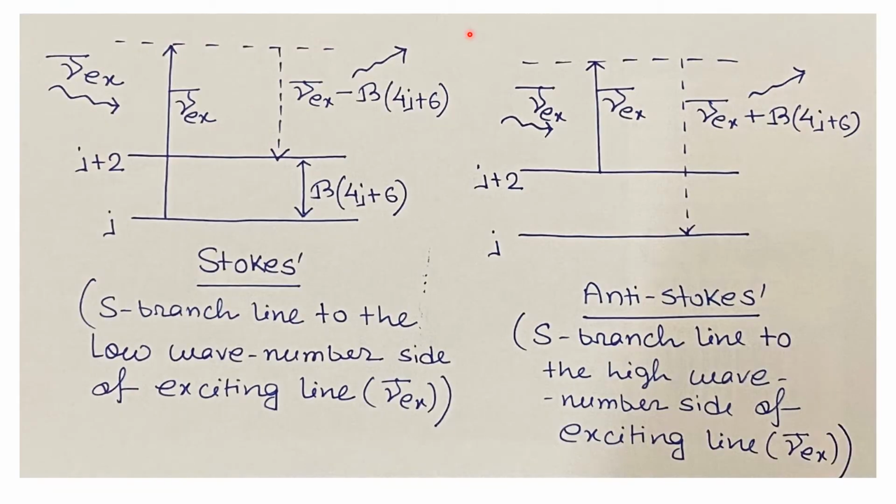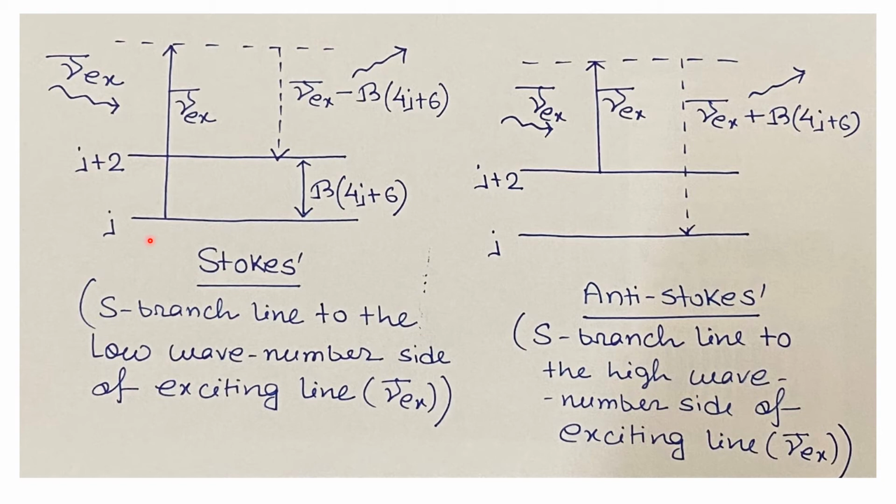Let us discuss the Stokes line and the anti-Stokes line in Raman spectroscopy with the help of schematic diagrams. The left schematic diagram refers to the Stokes transition in Raman spectroscopy. Let us consider two energy levels having the rotational quantum number J and J plus 2.